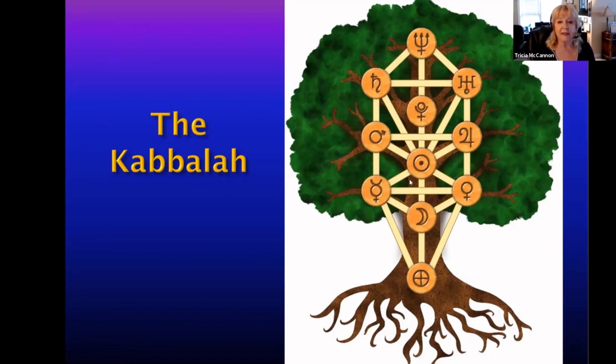And the Kabbalah acts as a ladder to heaven. There's a lot to say about the Kabbalah, and we're going to return to this subject a little later. But what I want you to notice is that this is Malkuth. This is actually us down here in the third dimension. You can't even get onto the tree unless you get into Yesod.